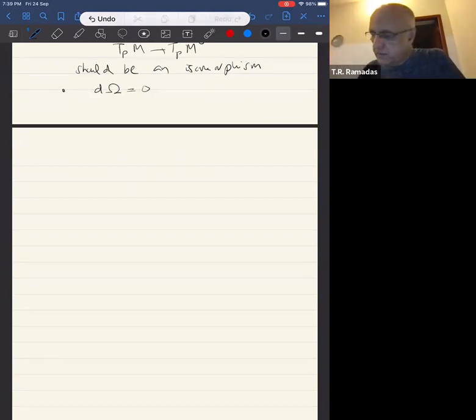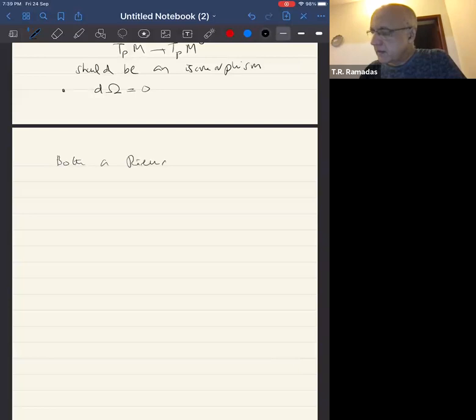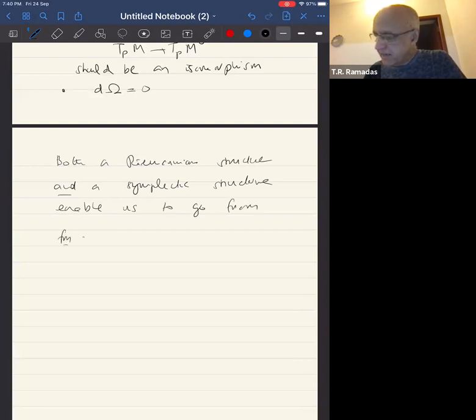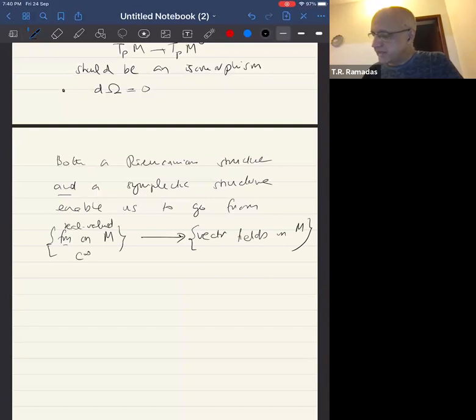So both a Riemannian structure and a symplectic structure enable you to go from functions on M to vector fields on M. Take the space of real valued, and always smooth, C infinity functions to C infinity vector fields.